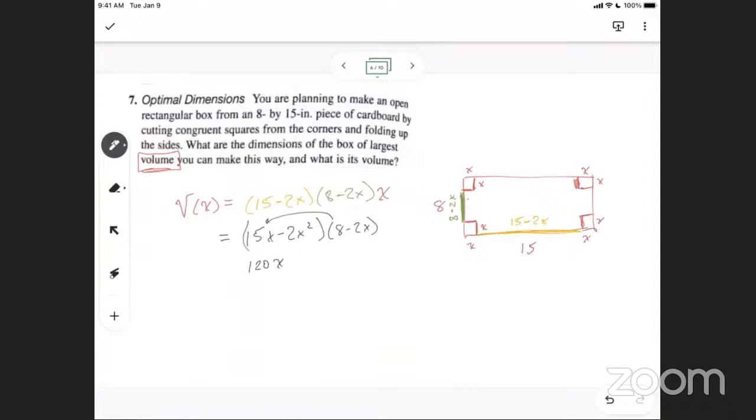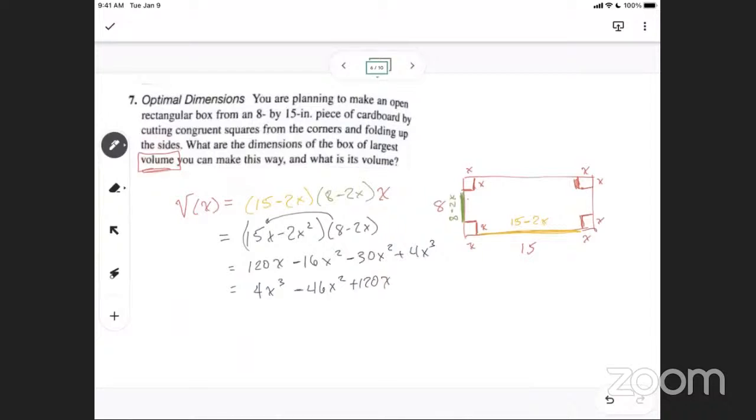Yeah, it's 120x minus 16x squared, and then distributing the -2 in is going to give you a negative 30x squared, positive 4x cubed. So simplifying that, it's going to be 4x cubed minus 46x squared plus 120x. So there's my volume in terms of just x.